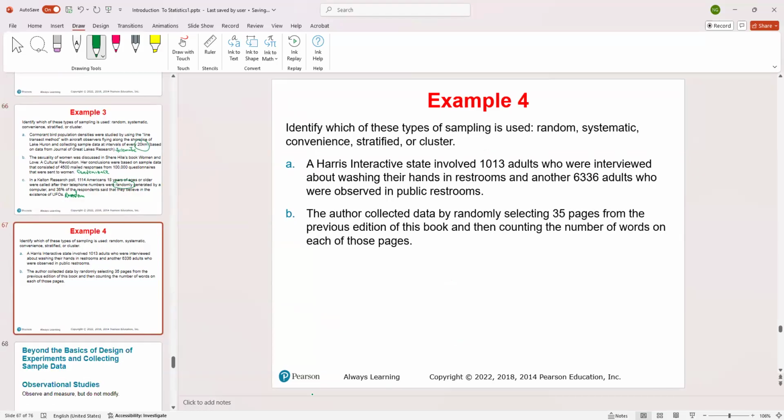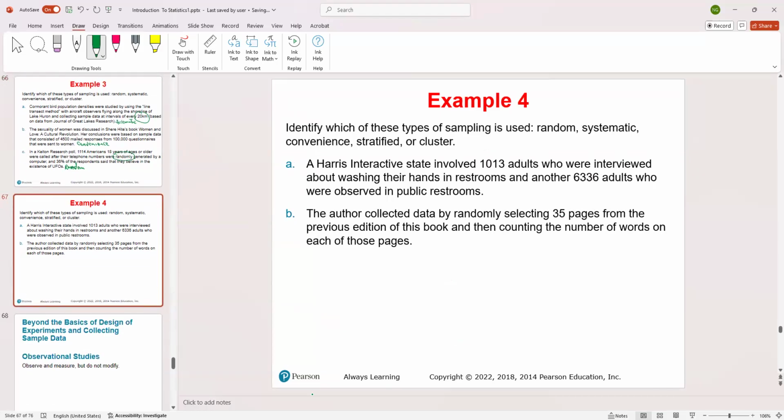But of course, exercise 4 is still the same type of questions. We need to identify if it's random, systematic, convenience, stratified, or cluster. A Harris Interactive study involved 1,013 adults who were interviewed about washing their hands in restrooms, and another 6,336 adults were observed in public restrooms. So you do this one at two levels.